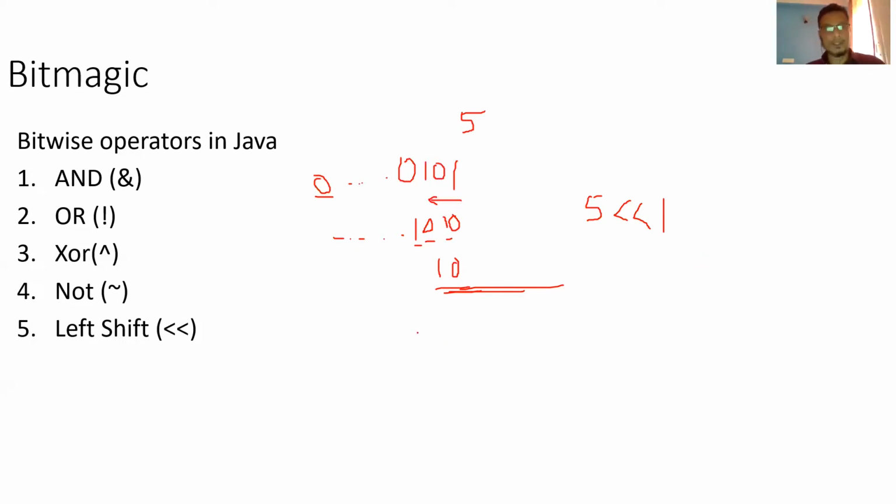For example, if you take number 32, it will be represented as 32, 16, 8, 4, 2, and then 1. So if you left shift by 1, this bit will move here, all bits will be shifted, and a 1 will be added at the last. So now the number became 64. You take any number and try that. So instead of doing multiplication, you can do the bitwise left shift, right shift operations also.